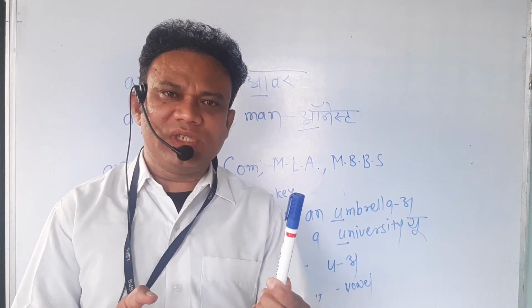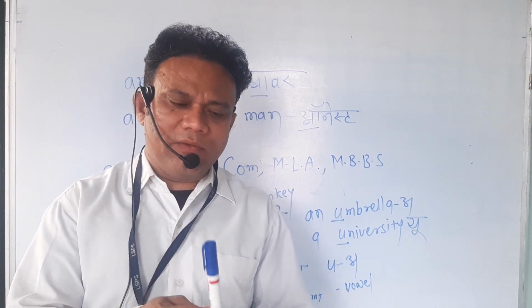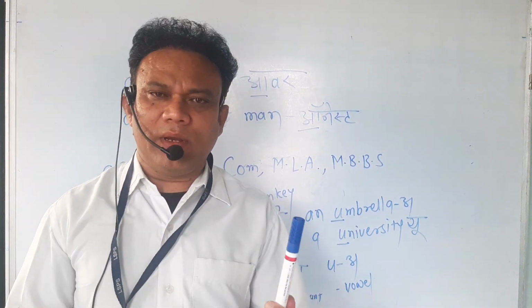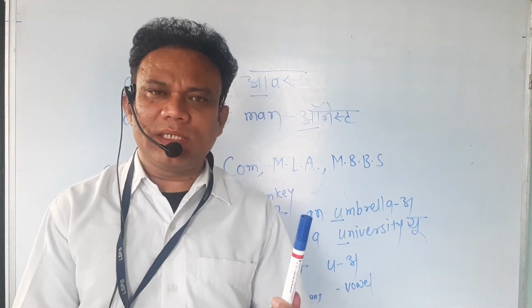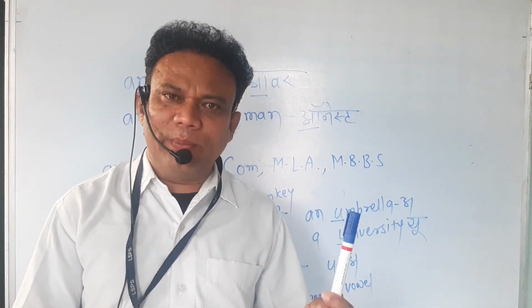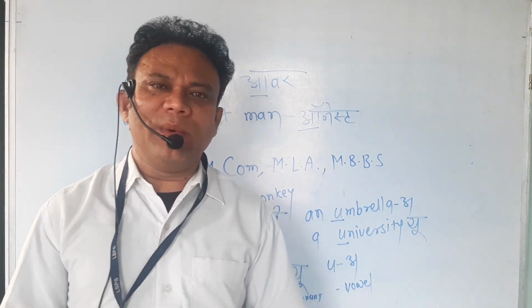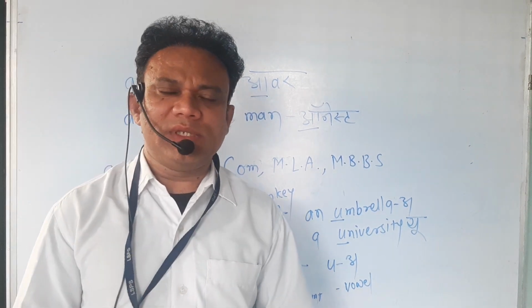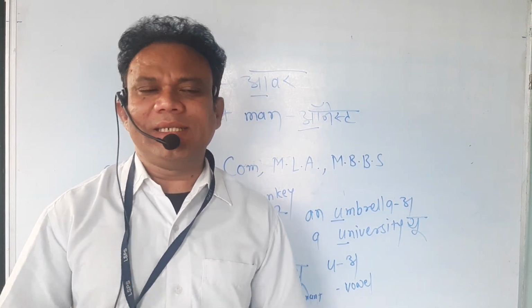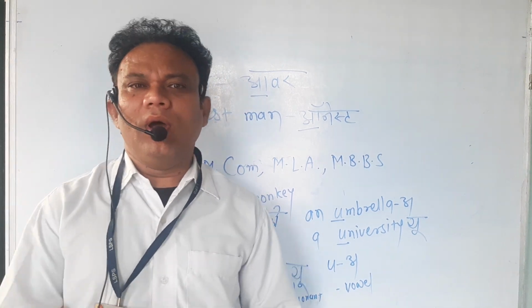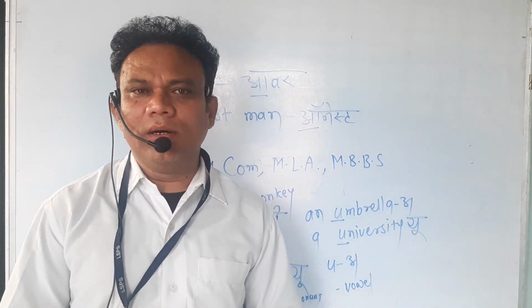And if I want to say one more sentence about the same pen, then I have to say the pen is blue. I have a pen, the pen is blue. So if a common noun is used two times, then before using it the second time, we have to use the article the.